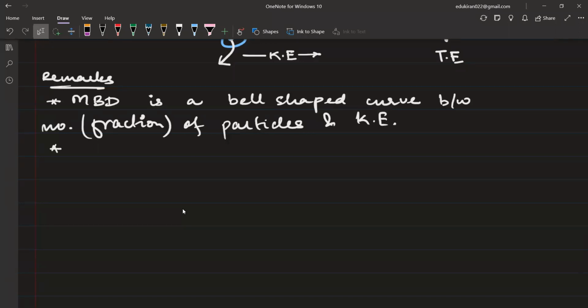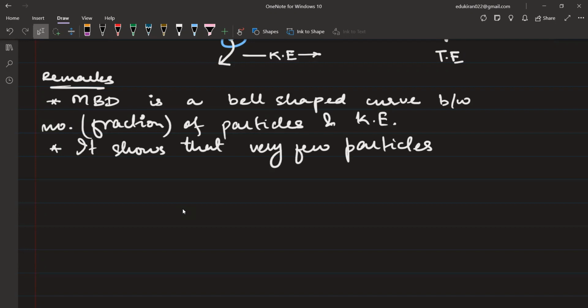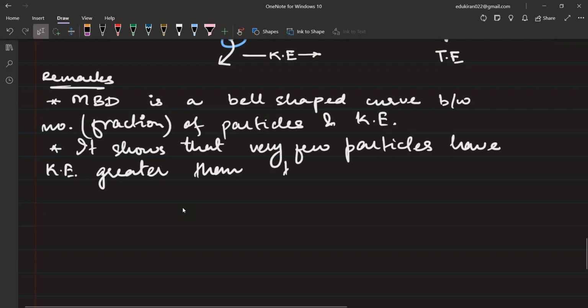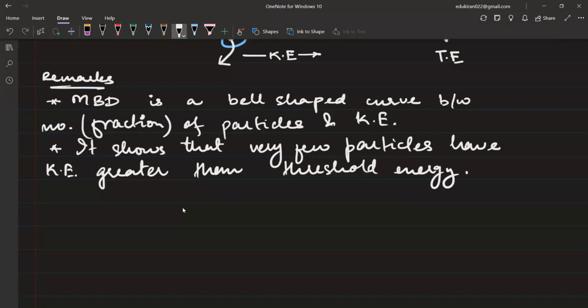Second point, it shows that very few particles have kinetic energy greater than threshold energy.